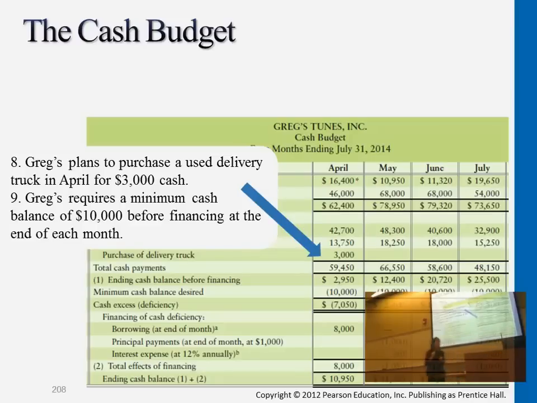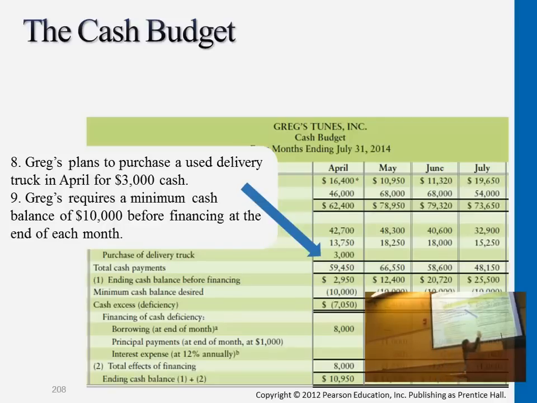And this is pretty much all about cash budget. It breaks down to 4 components: the part of the cash that you're collecting from sales, the part of the cash that you're paying for inventory, the part of the cash that you're paying for operating expenses, and perhaps additionally you may have cash payment for a delivery truck, for long-term assets.